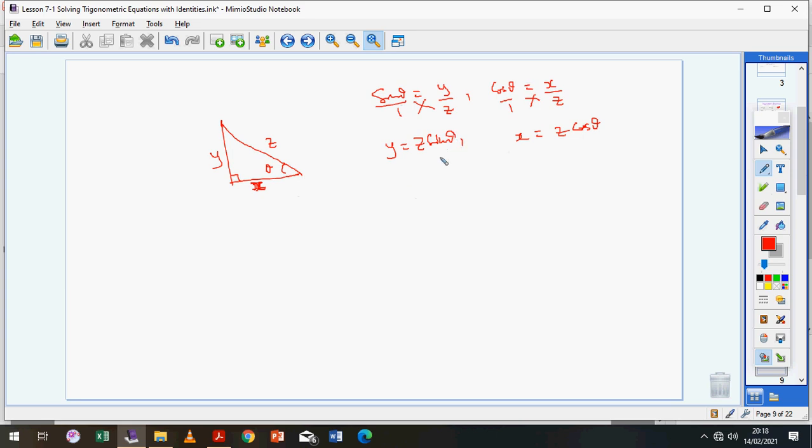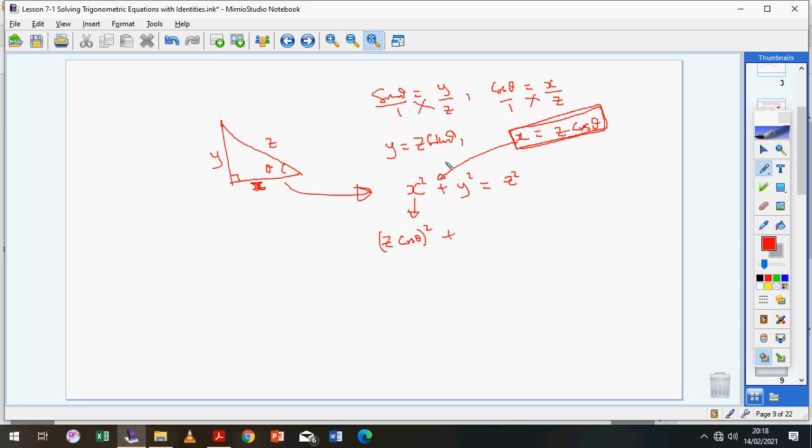So if I use Pythagoras theorem on this triangle, it says x squared plus y squared equals z squared. If this is a and that's b and that's c, then a squared plus b squared is equal to c squared. Now I've seen from that expression that x is the same as z cos theta. So instead of x, I'll replace it with z cosine theta, and everything is squared.